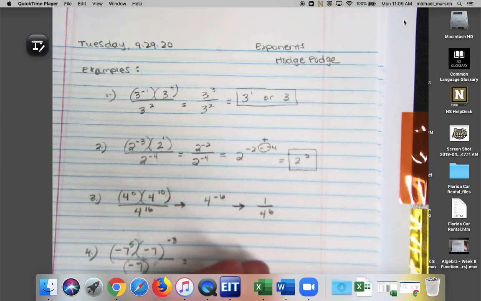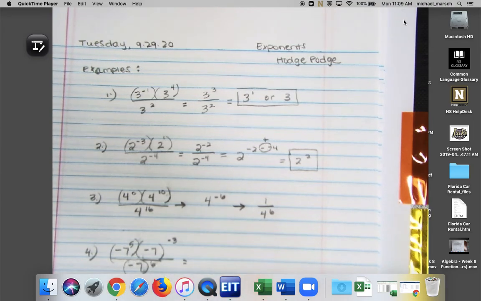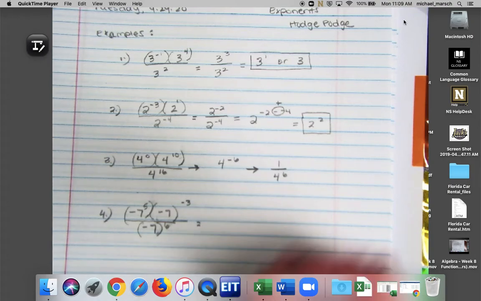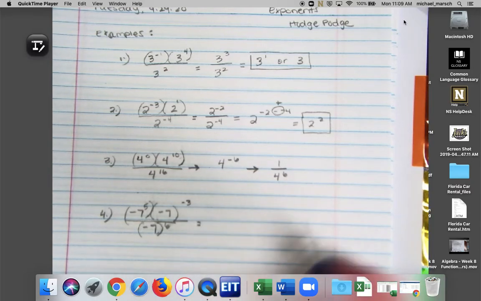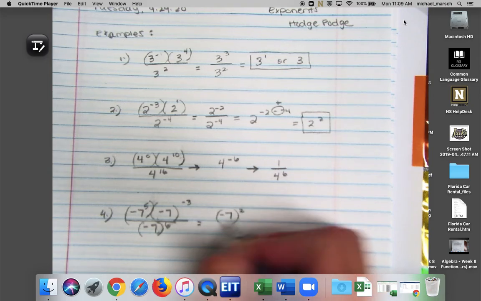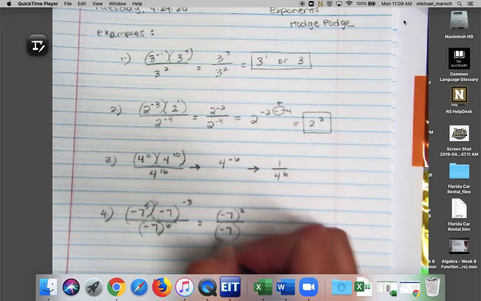Negative 7 to the 6th power. What am I going to do first? Don't be shy. What should I do? I'm going to add the 5 and the negative 3. So it's 5 plus negative 3 divided by negative 7 to the 6th.